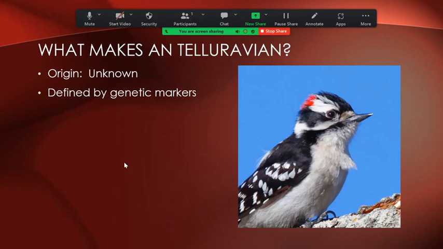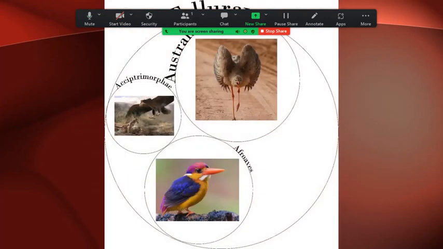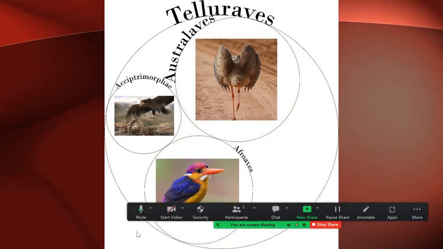What do we have in Telluraves? Well, we have the Afroaves, which includes things like kookaburras and kingfishers, very colorful, largely predatory birds, some of them eating things like lizards, like the kookaburras do, and some of them eating fish, like kingfishers.